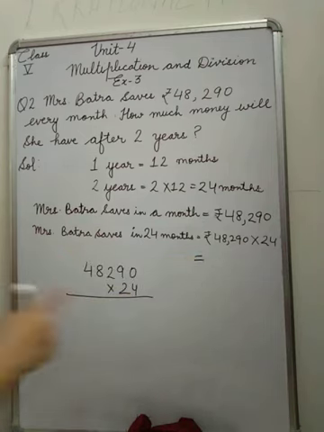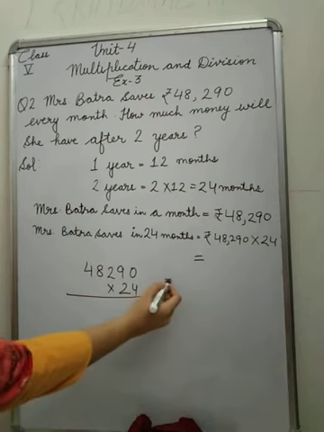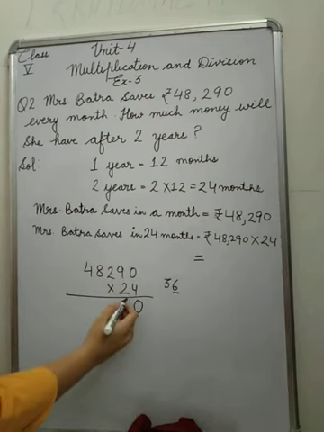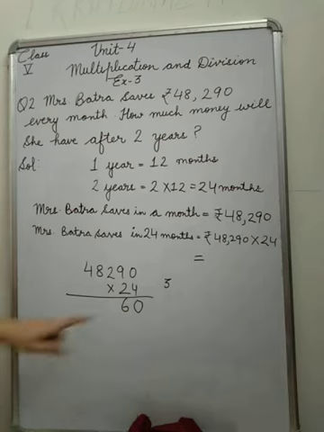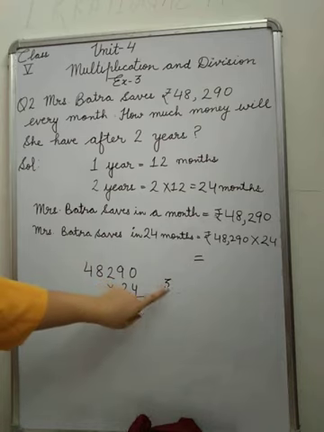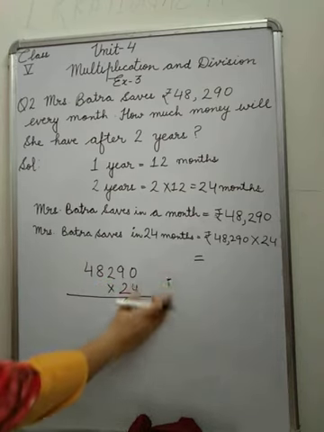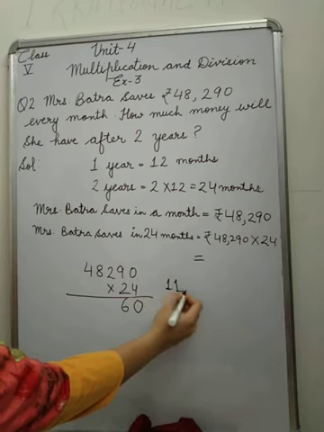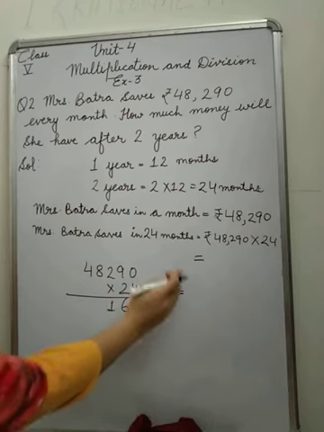Now multiply this. 4 zeros are 0, 4 nines are 36, so 6 will be here, 3 is carry. Now 4 eights are 32, 32 plus 3 is 35. Okay, now 4 into 8, 8 plus 3, that will be 11. Write 1 here, 1 is carry.